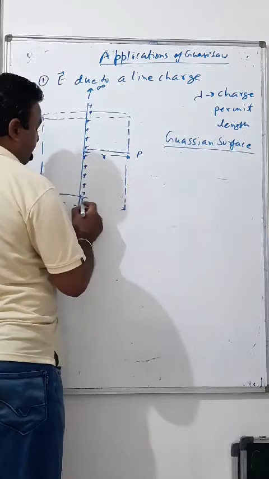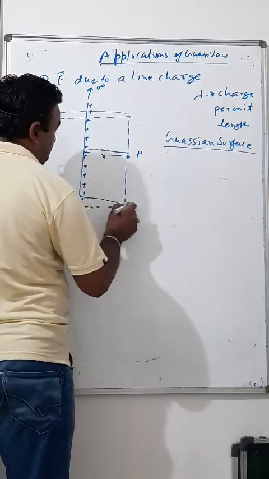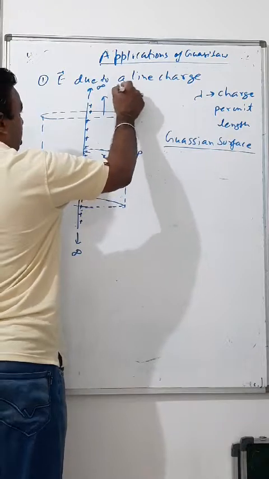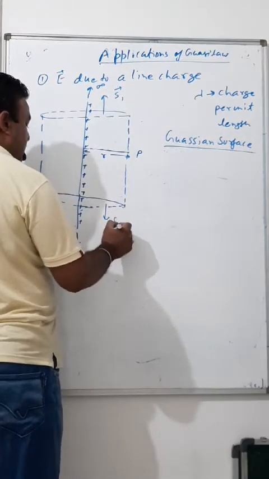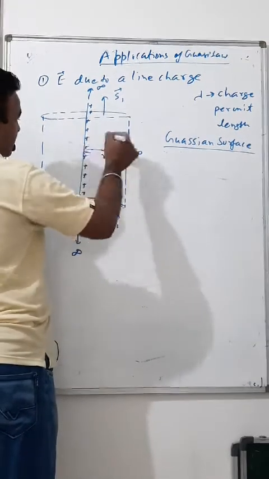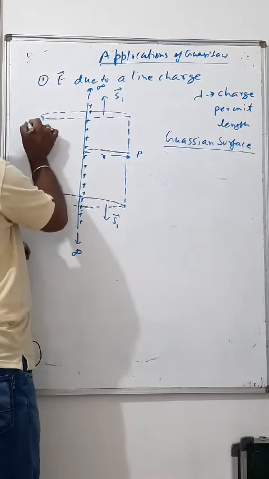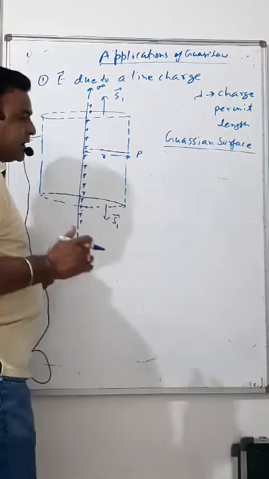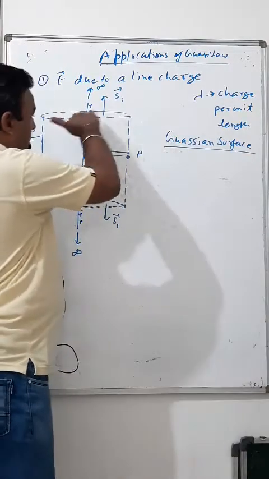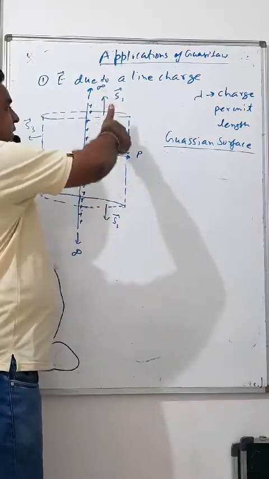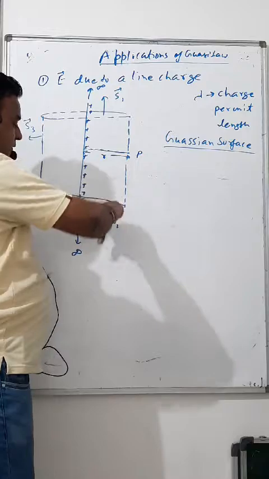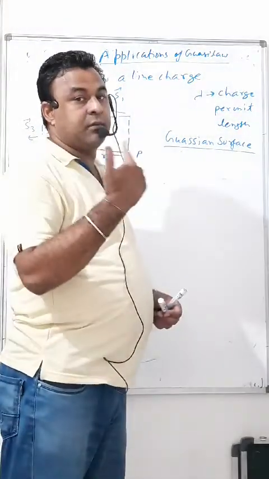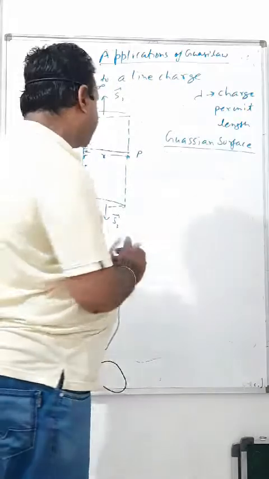This cylinder has three surfaces: this S1, this S2, and this curved surface S3. I hope you know vector area is a vector quantity. The top surface will have its area vector in this direction, the bottom one downwards, and the peripheral one will be radial from the wire.